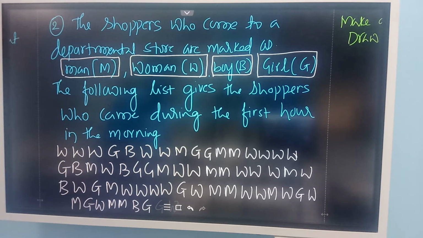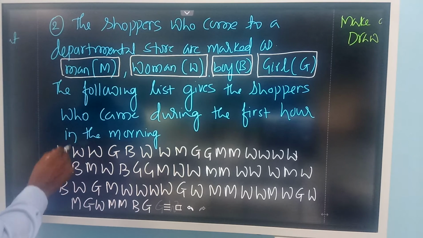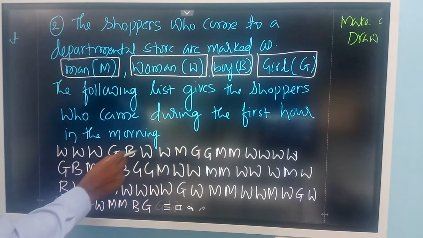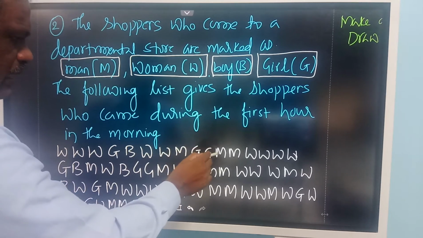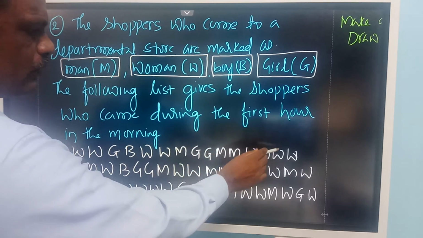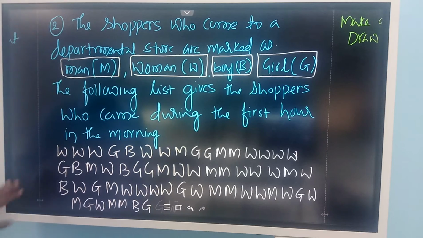These many shoppers visited the departmental store to buy things: woman, woman, woman, girl, boy, woman, woman, man, girl, girl, man, man, woman, woman, woman, like that. The data is given here.